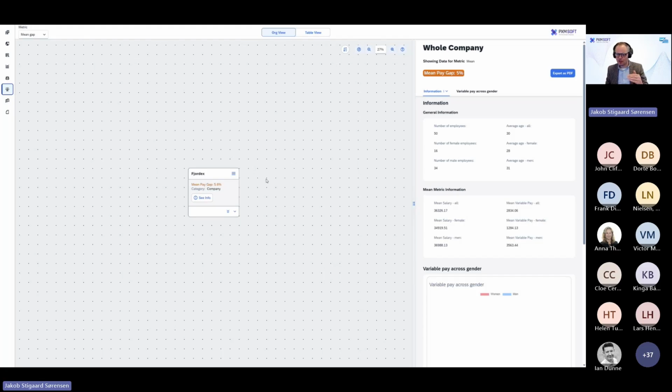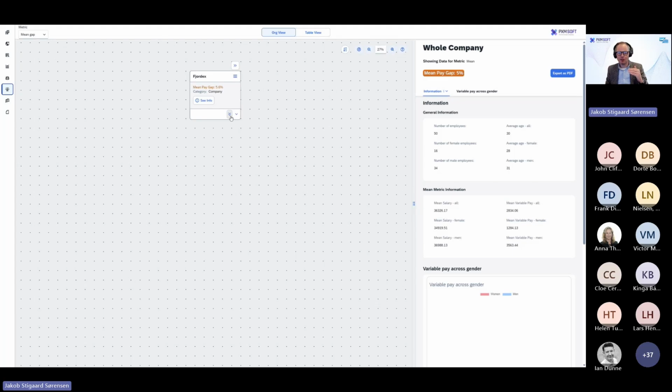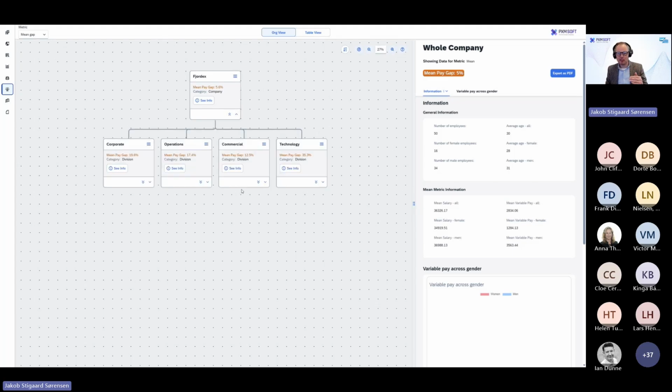Again, your underlying data is what will be reflected here, breaking down your entities bit by bit, seeing where you need to carry out certain activities, making sure that you get to parity with equal pay.